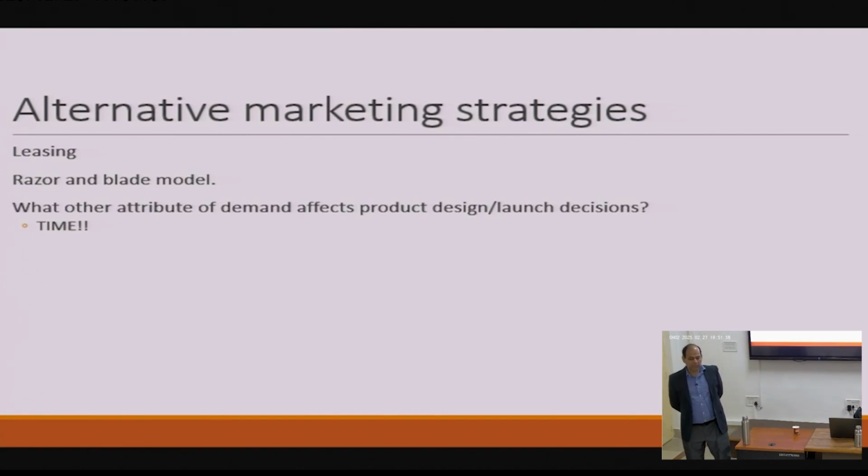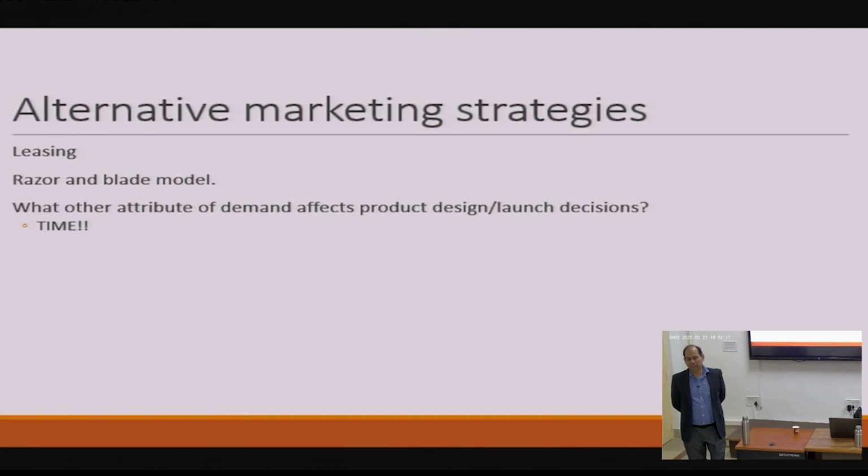And time is a big element, not just because the preferences change, but also because of how your product diffuses through the market. It's not like you have something to sell and everything sells on day one and you're done. That's not how it happens. People over time will purchase it. When Apple releases their new iPhone in October, let's say, it's not like they sell everything in October.